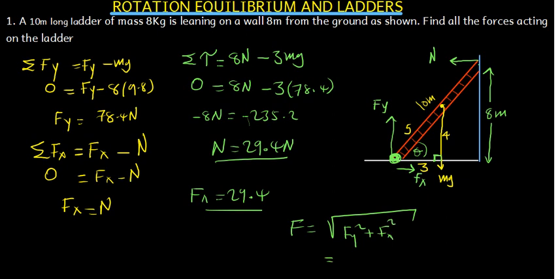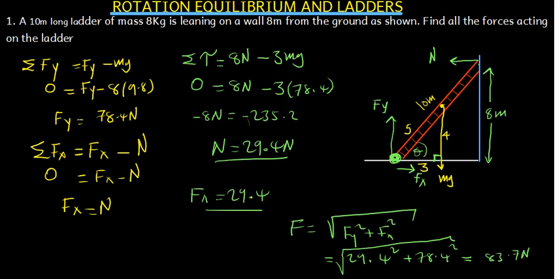So that is going to be 29.4 squared, plus Fy, which is 78.4 squared, and then square root that. That is going to give us 83.7 newtons. That will be the net force which is acting there.